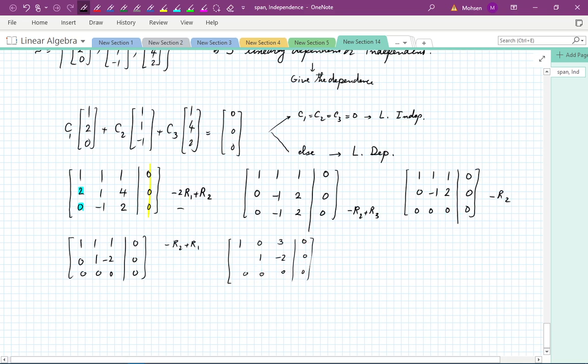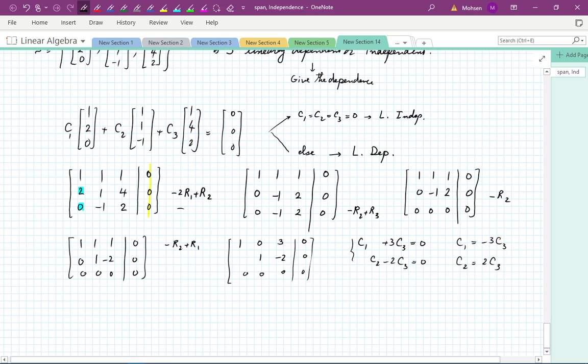Writing in conventional notation, what this means is that C1 plus 3C3 is equal to 0, and C2 minus 2C3 is equal to 0, and there is nothing for the last row. So C3 can act as a parameter. C2 becomes 2C3, and C1 becomes minus 3C3.